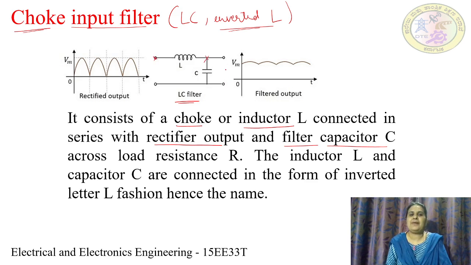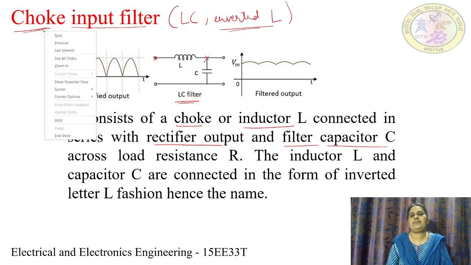Okay, the capacitance is connected in parallel to the load resistance or in parallel to the input. Okay, the connected circuit resembles an inverted L, therefore it is called an inverted L filter, or the input is an inductor or choke, therefore it is also called a choke filter.